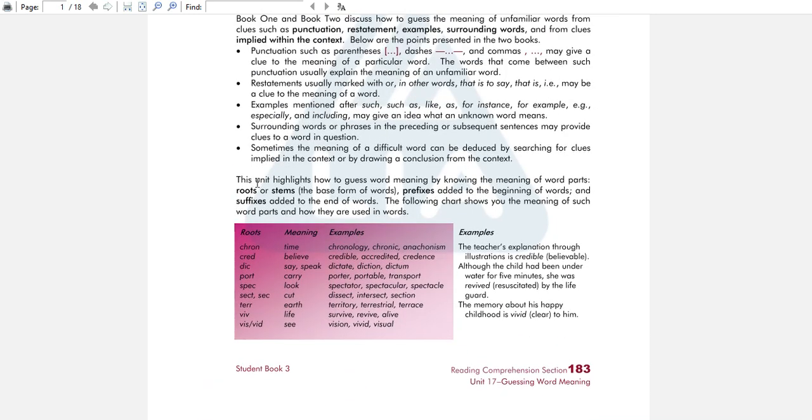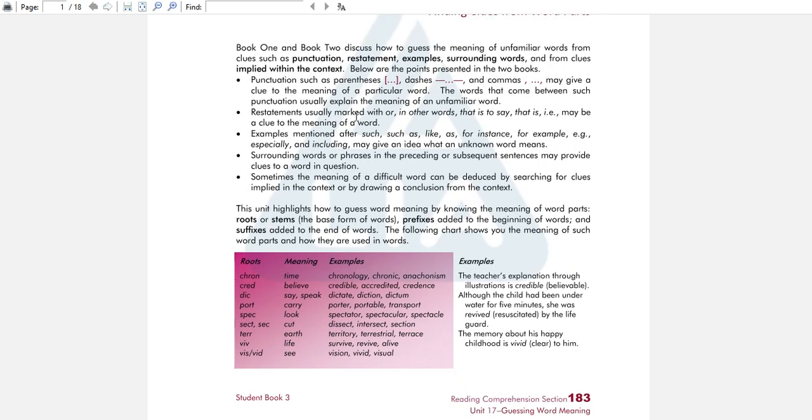If you look at here, this unit highlights how to guess word meaning by knowing the meaning of word parts. Now, what is word parts? Roots or stems. Root is using restatement with "or stems". And then after that we have the punctuation clue using parenthesis. What is root? What is stem?